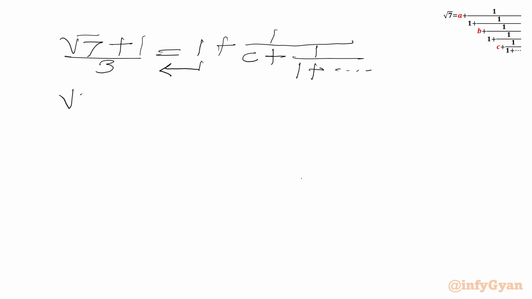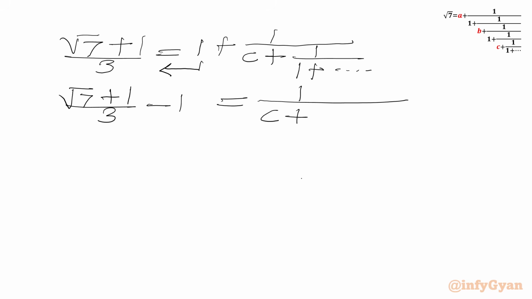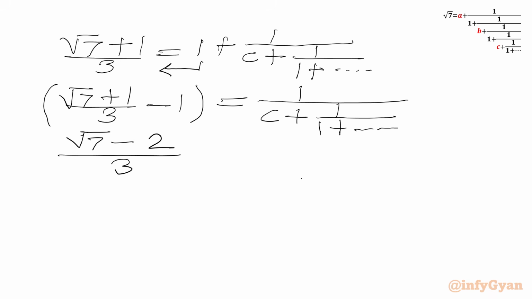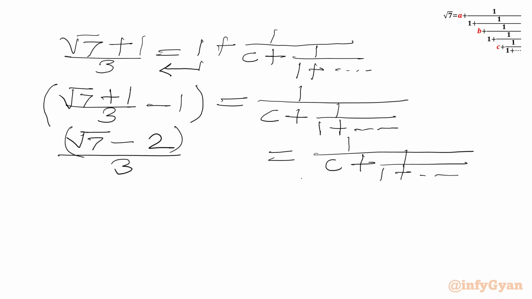So we will write square root 7 plus 1 over 3 minus 1 in LHS, and in RHS we'll write 1 over c plus 1 over 1 plus up to infinity. Now we have to simplify our LHS. So I will write here square root 7 plus 1 minus 3, 1 minus 3 is minus 2, over 3. And in RHS, we'll write 1 over c plus 1 over 1 plus up to infinity.